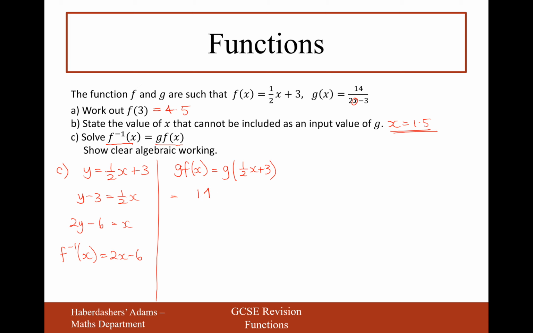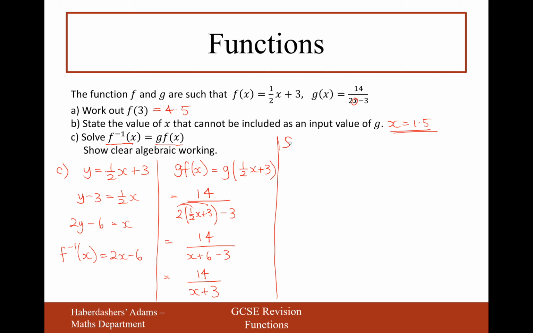So in this case it's going to be 14 over 2 times a half x plus 3 minus 3. So simplifying this, it's going to be 14 over, expanding the brackets, x plus 6 minus 3. So this is going to give me 14 over x plus 3. Okay, so there we are. That's the simplified gf of x function.